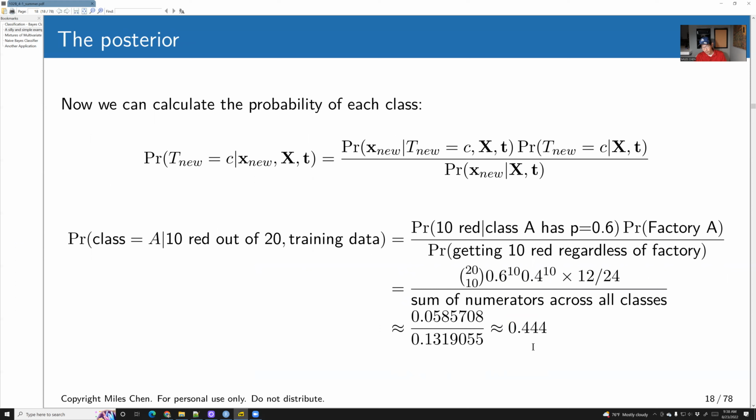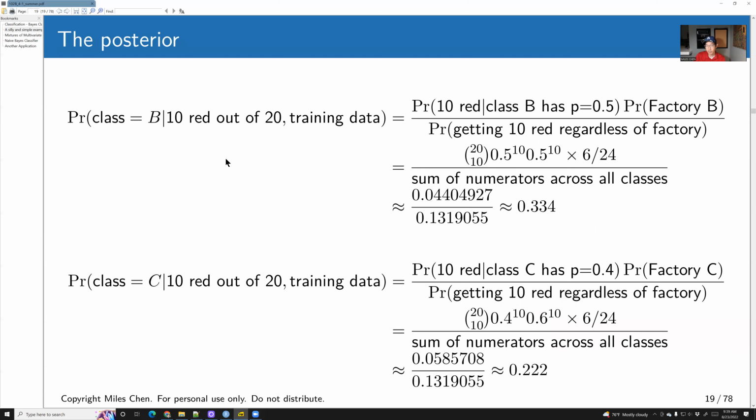If I didn't look at the data, I would have guessed factory A has probability 0.5, because half of the bags come from factory A. After looking at the data, factory A is not as strong a contender because the data don't quite align with it. Factory A is 60% red, and our bag is only 50% red. So factory A loses a few points, and it comes down to 44%.